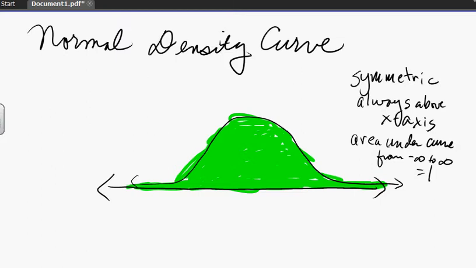So the function that defines the black line, the actual curve, is 1 divided by, now this equation has what are called parameters.